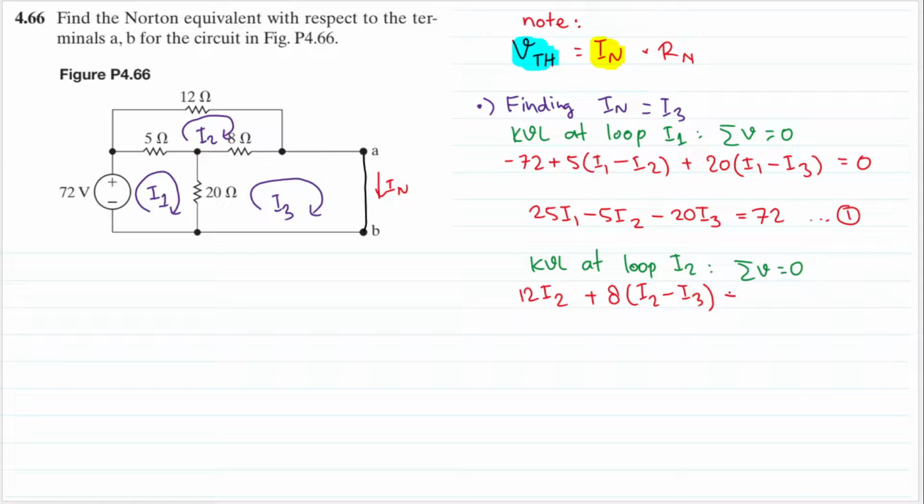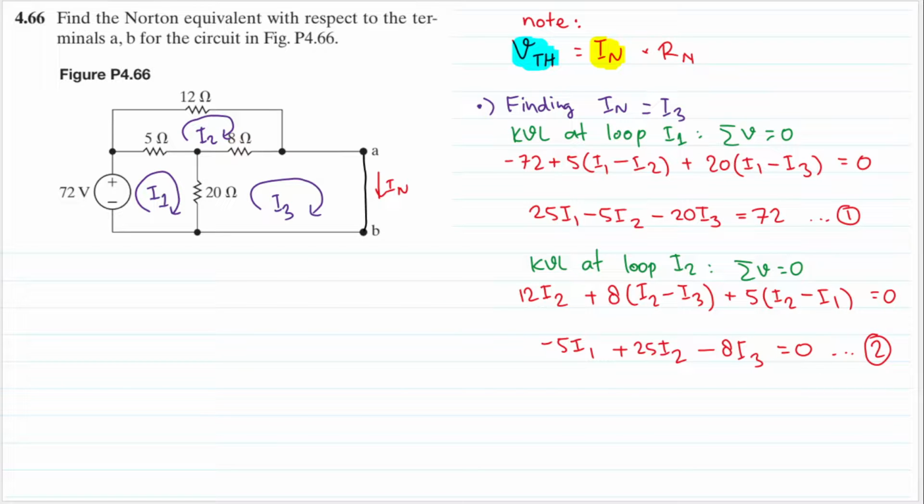And then plus 5 multiplied by I2, but I1 is flowing in the opposite direction. That will equal 0. I1 only comes from this part, so I will have minus 5 I1. I2 is 12 plus 8, which is 20, plus 5, that will be 25 I2. I3 only comes from this part, so we will have minus 8 I3. All of that will equal 0. Let's save this as equation number 2.